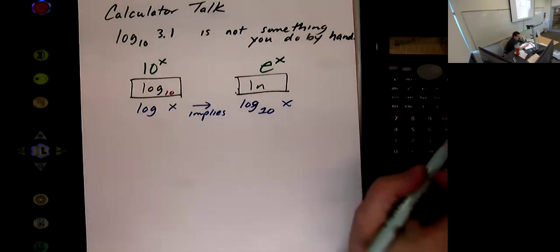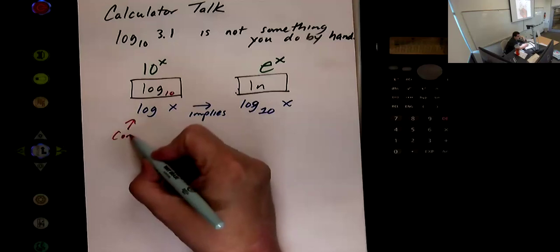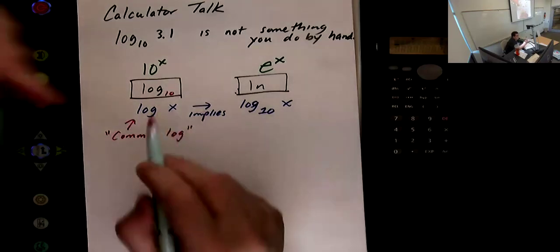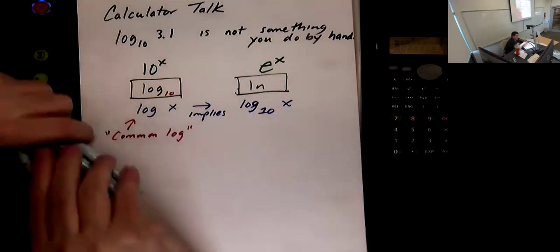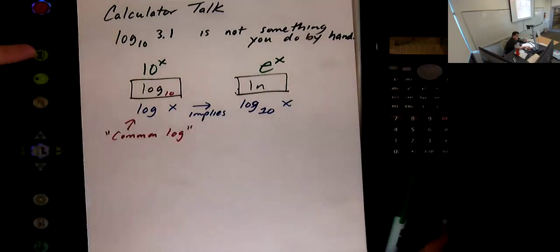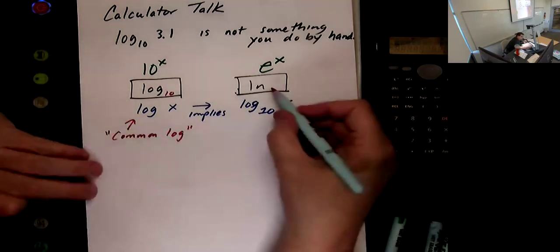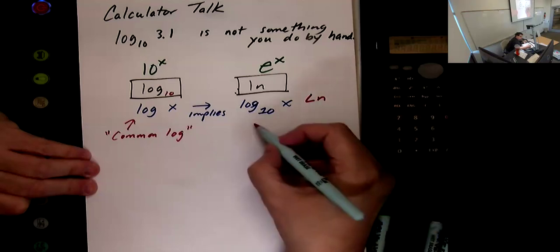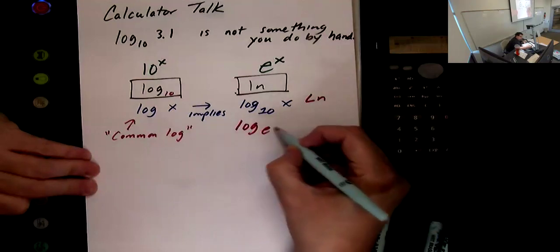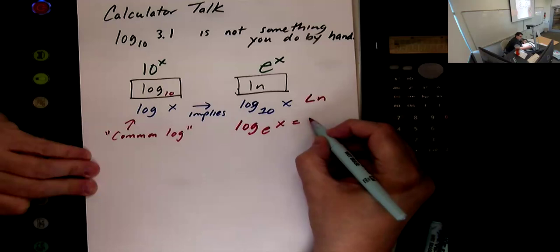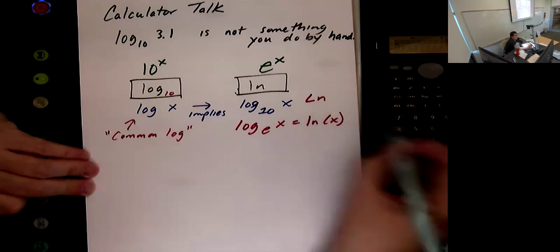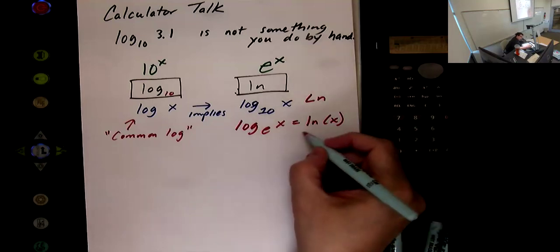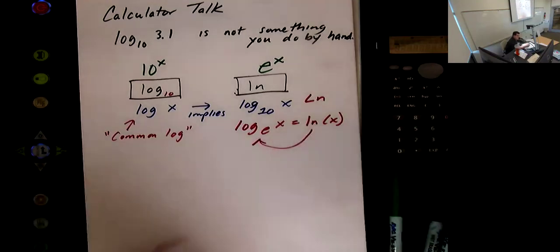In fact, we call that the common log. When you see natural log or ln, with a lowercase l, log base e of x is the same thing as ln of x. So ln implies base e.